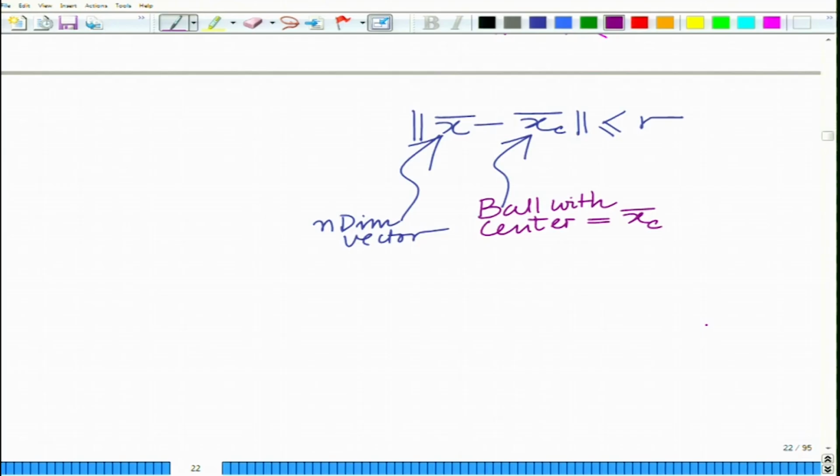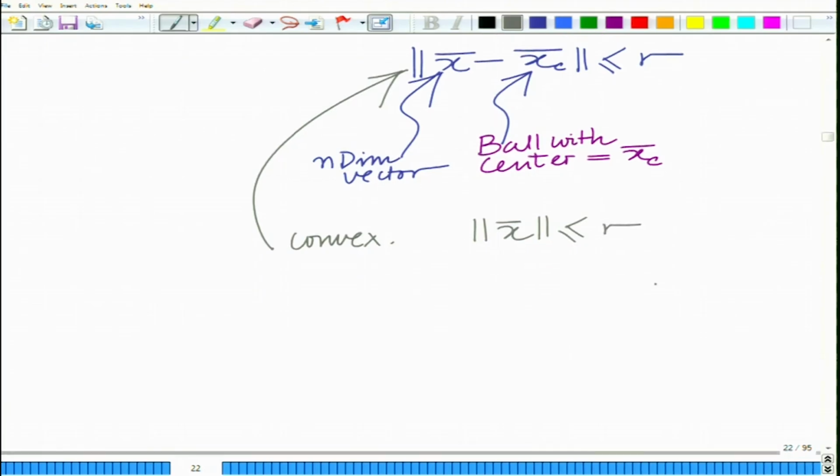And this can be seen to be convex, and that can be briefly justified as follows. For sake of simplicity, let us consider simply the ball with center at origin.